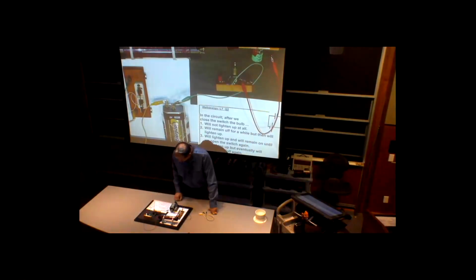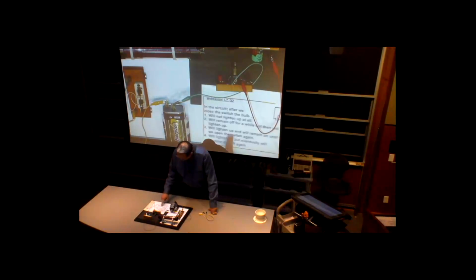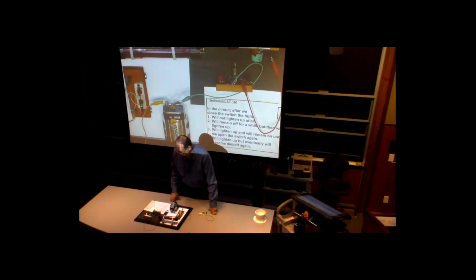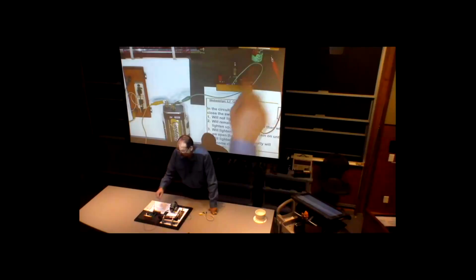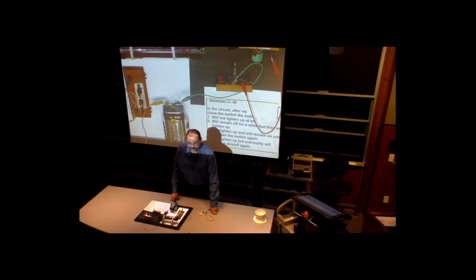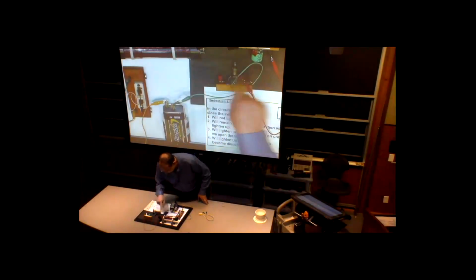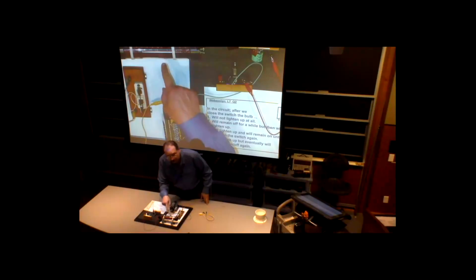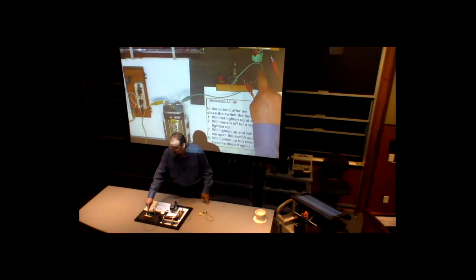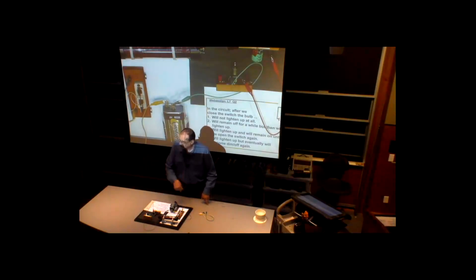So if you said it will remain on forever until we open the switch, your answer was wrong. What you didn't take into account is that a capacitor has a fixed maximum value of charge it can store. See, it's getting slower and slower, because the more electrons it has, the harder it is for new electrons to get in.